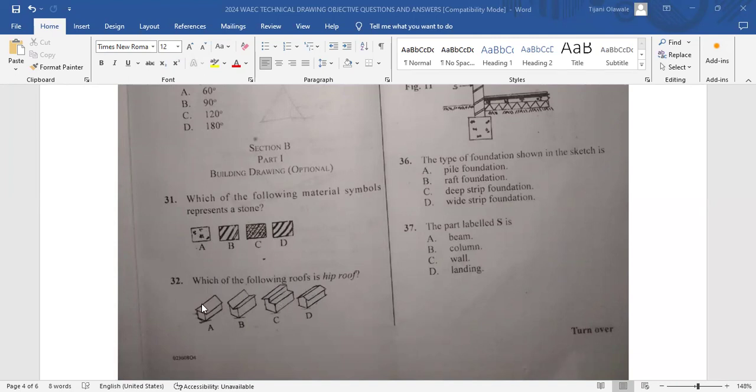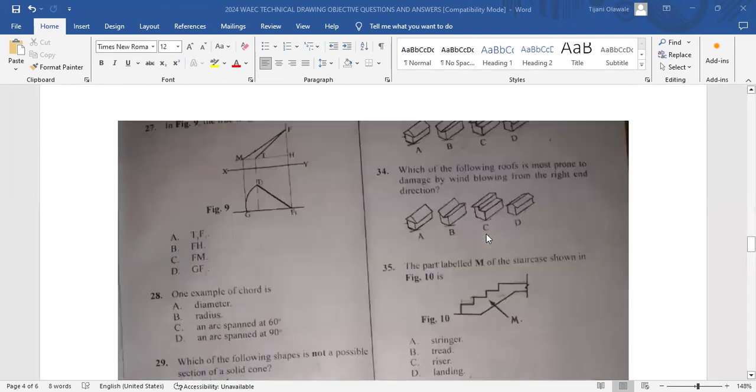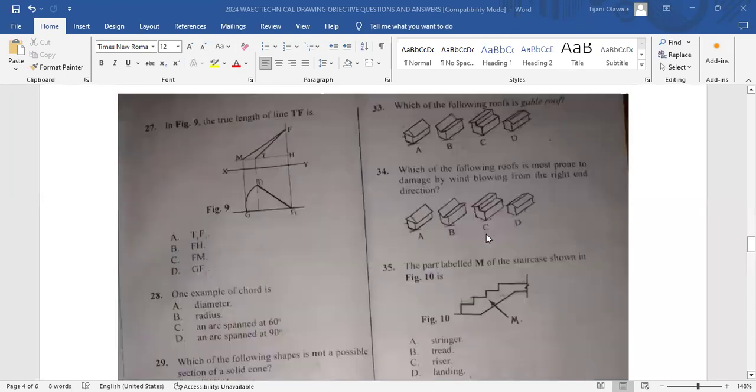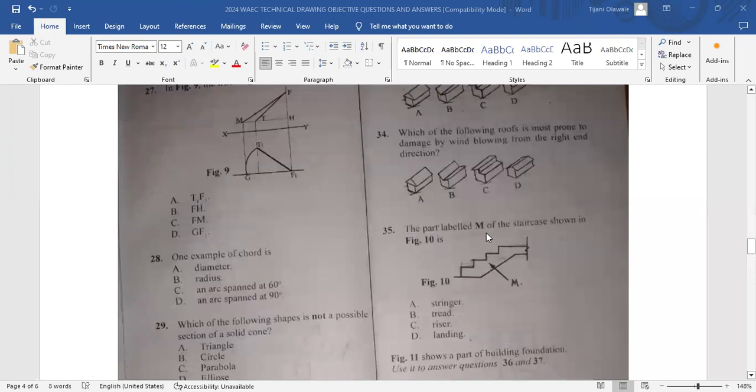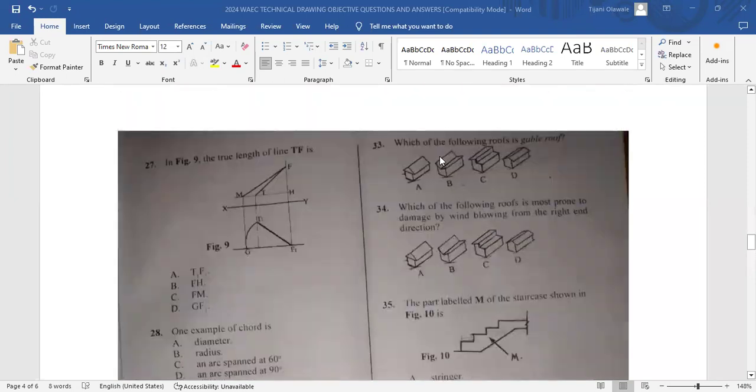So the answer here is option A, the hip roof. We have answered 31, 32. Then question 33 says, which of the following roofs is a gable roof? Option D is the answer to that question.